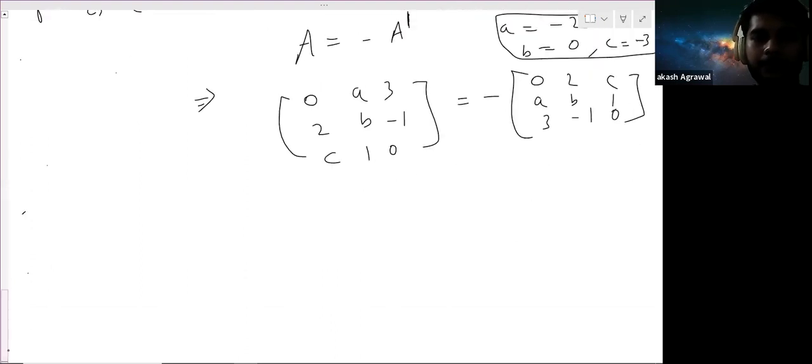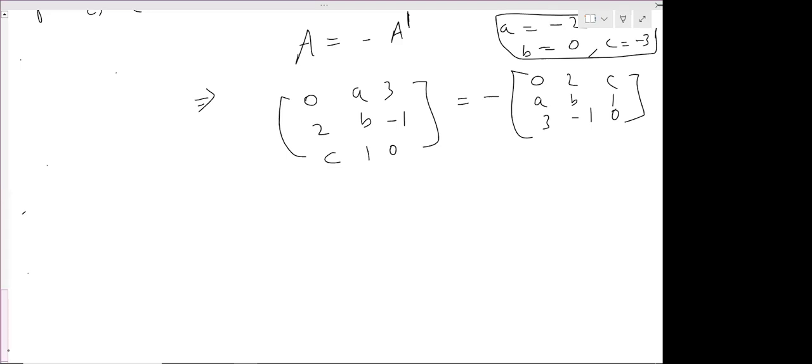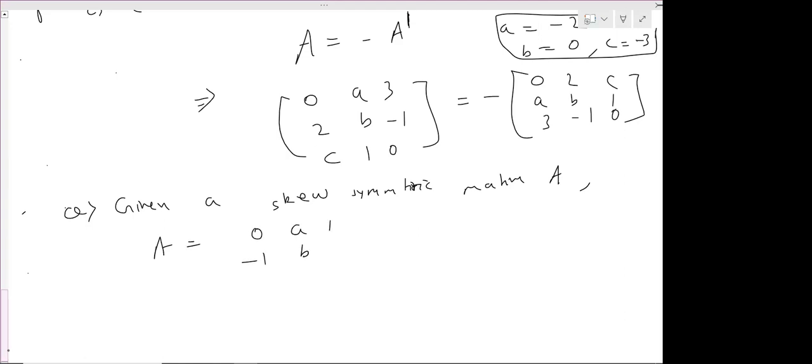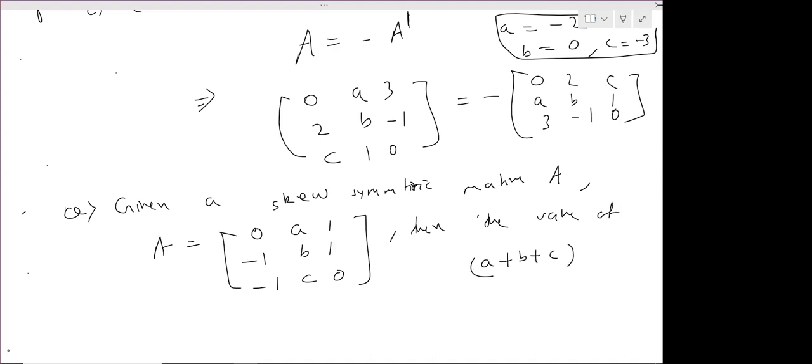Another question. Given a skew symmetric matrix A equals [0, a, 1; -1, b, -1; c, 0], then find the value of (a + b + c) whole square. Very simple question.